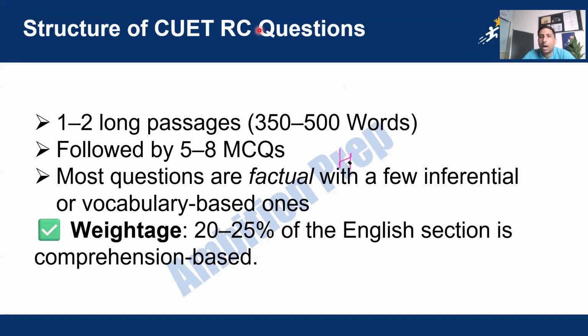Let us understand how, and what it means to be easy, medium, and hard. First, an easy reading comprehension means the passage will be around 250 words.